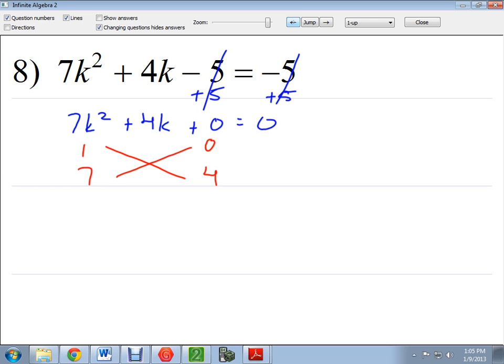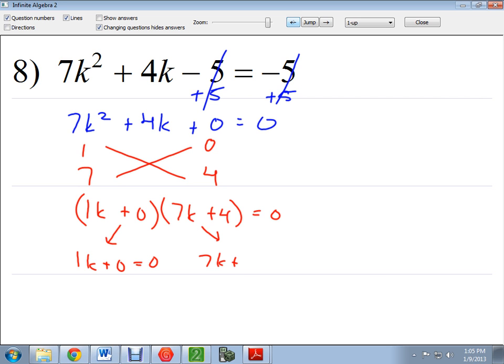Yeah. So the factoring of this will end up with 1k plus 0 and 7k plus 4 equal to 0. Does that make sense? Everybody good with that? Okay, same process, even though it's kind of weird with the 1k plus 0 thing. 1k plus 0 equals 0. 7k plus 4 equals 0.